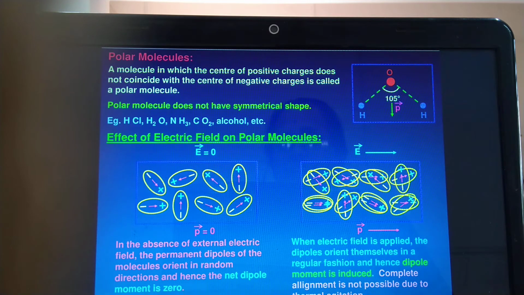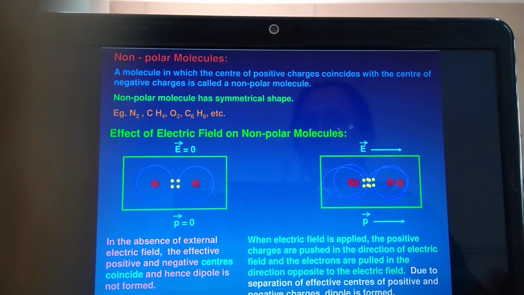That is called a regular fashion. So when the electric field is applied, the dipoles start rotating, orient themselves in a regular fashion, and hence a dipole moment gets induced. Now what happens next?